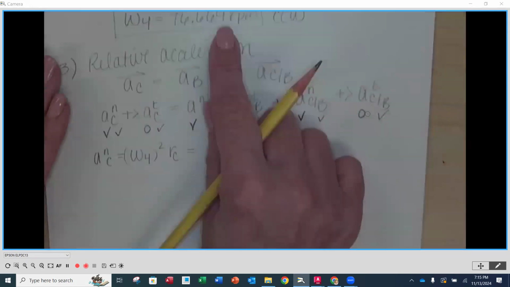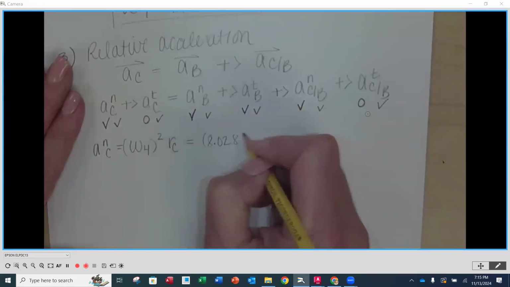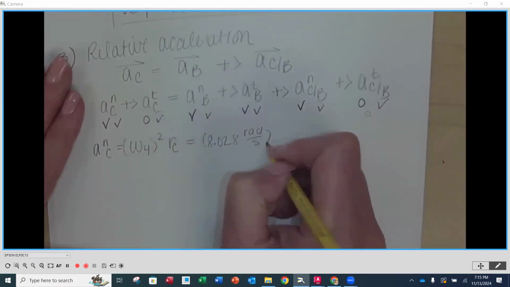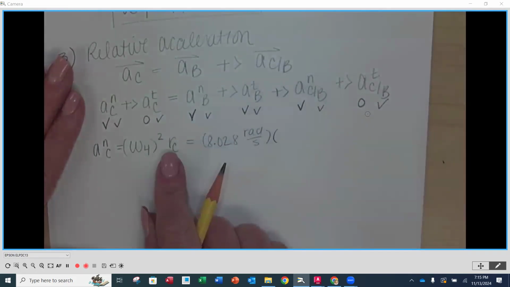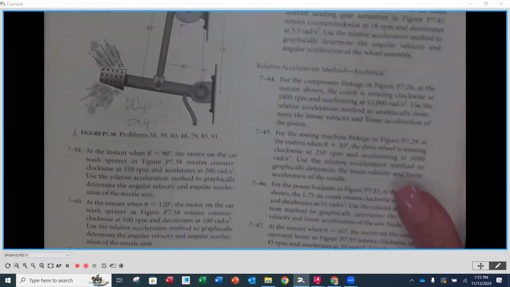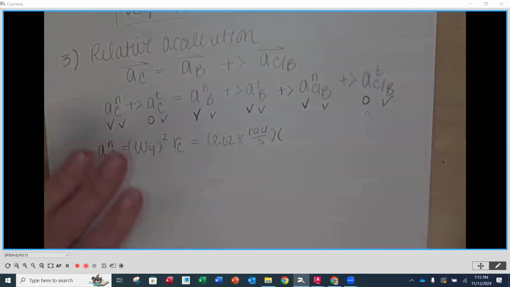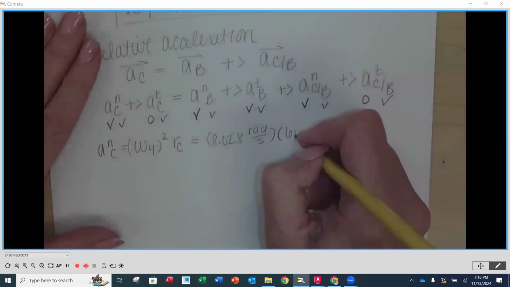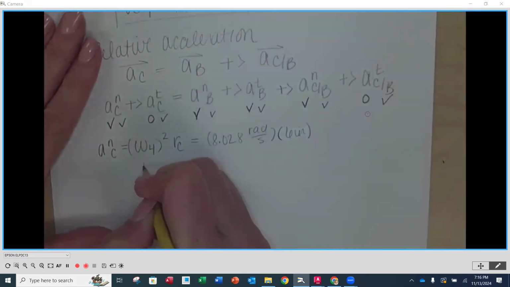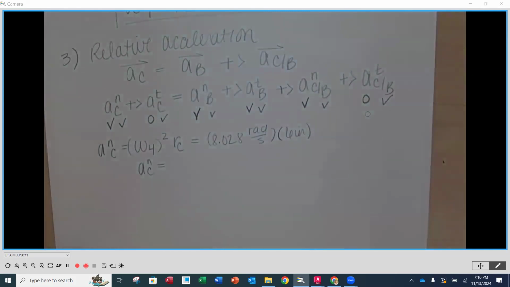So 8.028 radians per second times the distance that C is from the center of rotation. That's 6 inches, the dimension from here to here. So my normal component at C, what do we get?